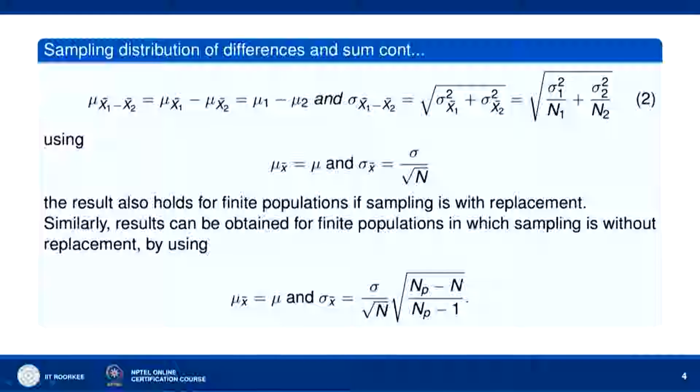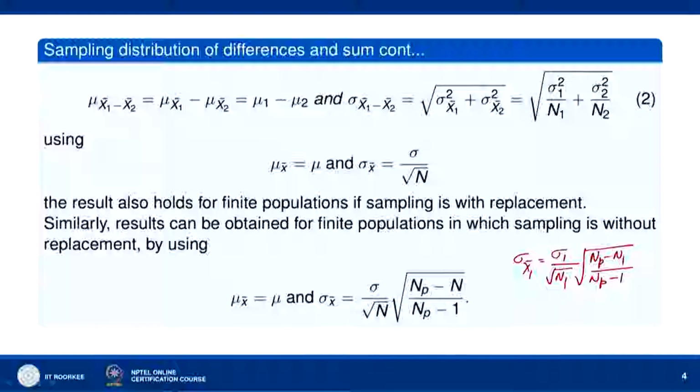Sample size is n1, so we will have Np minus n1 divided by Np minus 1. So in the case of a finite population of size Np, if we are drawing samples of size n1, then sigma x1 bar will be equal to sigma 1 by root n1 into square root of Np minus n1 divided by Np minus 1.